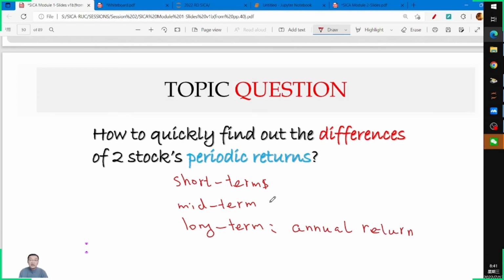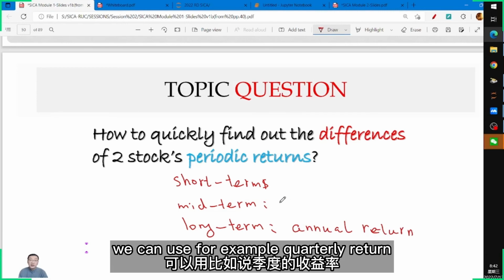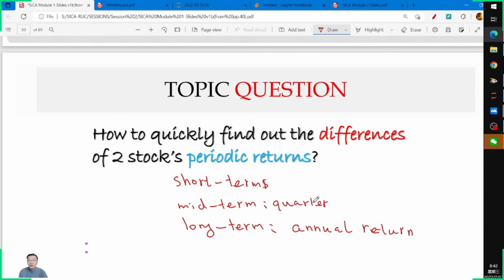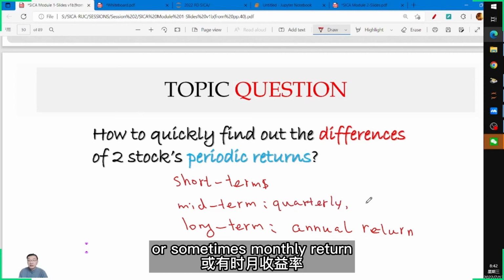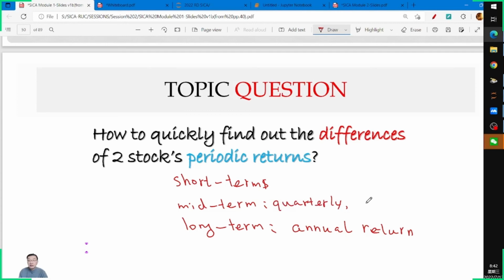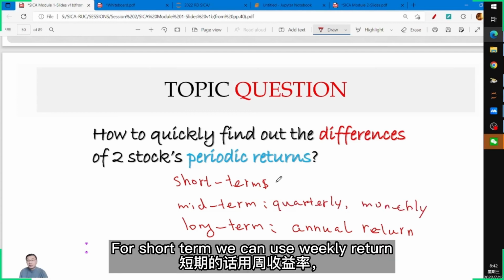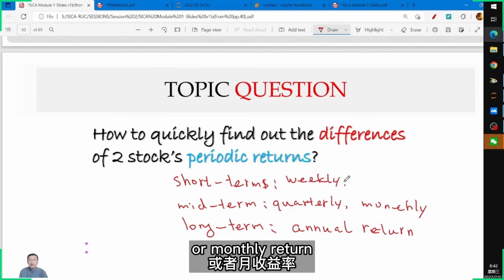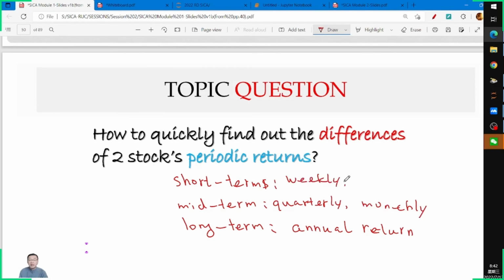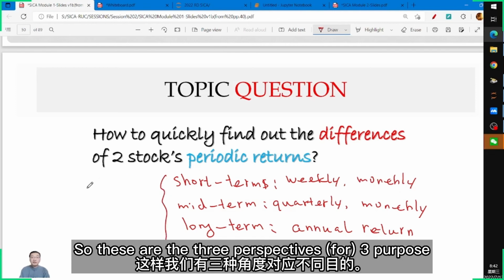For mid-term, we can use, for example, quarterly return, or sometimes monthly return. For short term, we can use weekly return or monthly return. So these are the three perspectives. Three purposes.